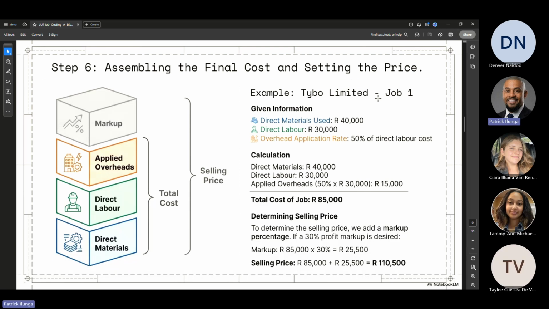Taibo Limited has a particular job, right? The given information that we have is obviously direct material. They will provide it to us. Direct labor, they'll provide it to us. But then they say the overhead application rate is 50% of the direct labor cost.